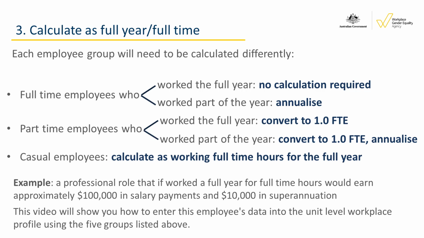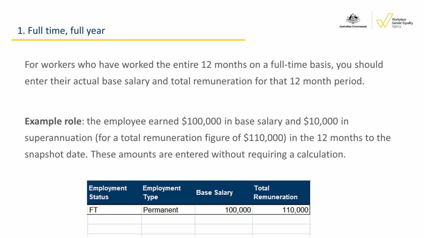Consider a professional role that when an employee works full-time for a full year, they earn roughly $100,000 in salary or wage payments and $10,000 in superannuation. You can apply what is demonstrated next to any role or employee. For workers who have worked the entire 12 months on a full-time basis, you should enter their actual base salary and total remuneration amounts for that 12-month period.